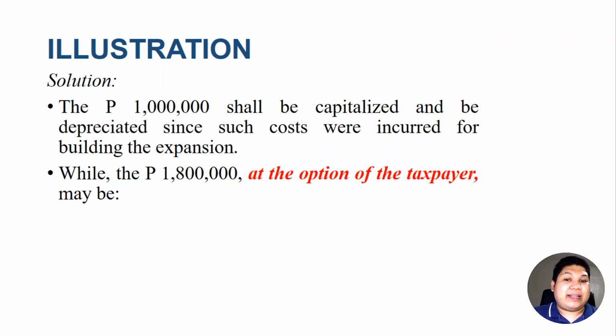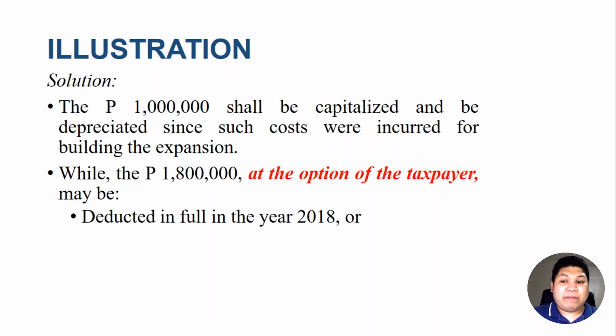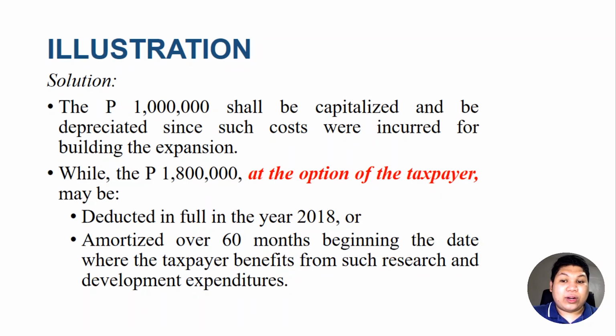While the 1,800,000, at the option of the taxpayer, may be deducted in full in the year 2018 or amortized over 60 months, beginning the date where the taxpayer benefits from such research and development expenditures. It was said in this problem that the 1.8 million immediately benefits the taxpayer.